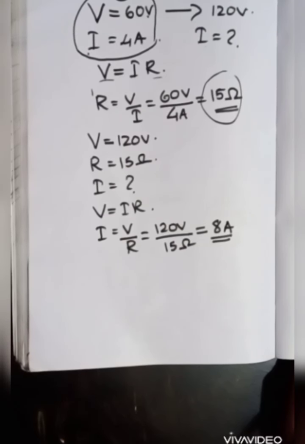If the diameter of the wire is 0.3 millimeter, then what will be the resistivity of the metal? We have to calculate the resistivity of the metal at that temperature, which is 20 degrees Celsius. The temperature is not changing.